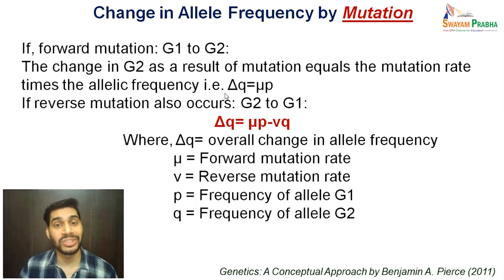So the change in allele frequency of q as a total of forward and reverse mutation becomes mu p minus nu q, where delta q represents the overall change in the allele frequencies, mu represents the forward mutation rate, nu represents the reverse mutation rate, and p and q respectively show the frequency of allele G1 and G2.